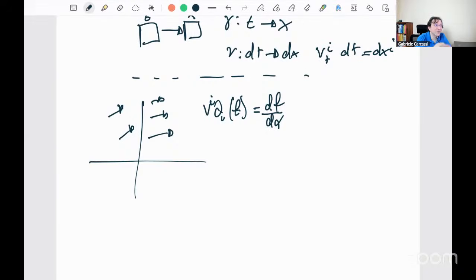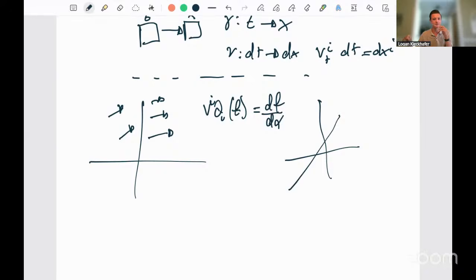Right, but the curve depends on the parameterization. But the equivalence class, if you just have a curve, so separate the terminology of curve and trajectory. If you just have the curve, you can define a tangent vector. And for the trajectory, you define a velocity vector.